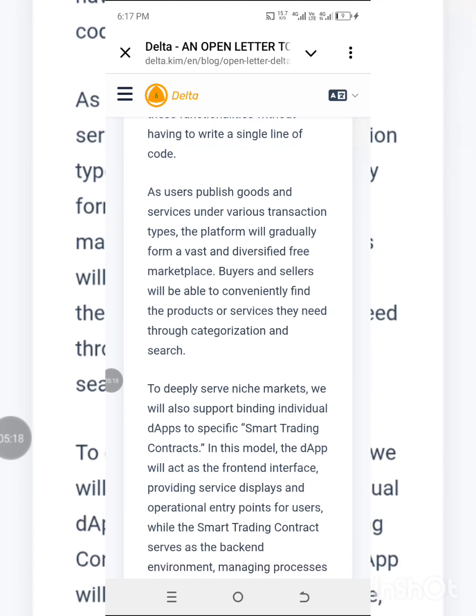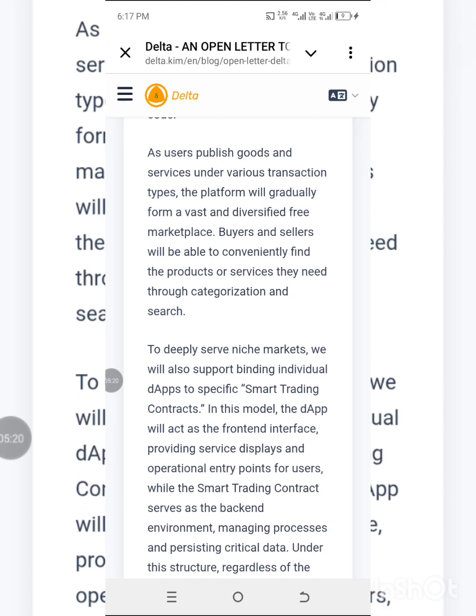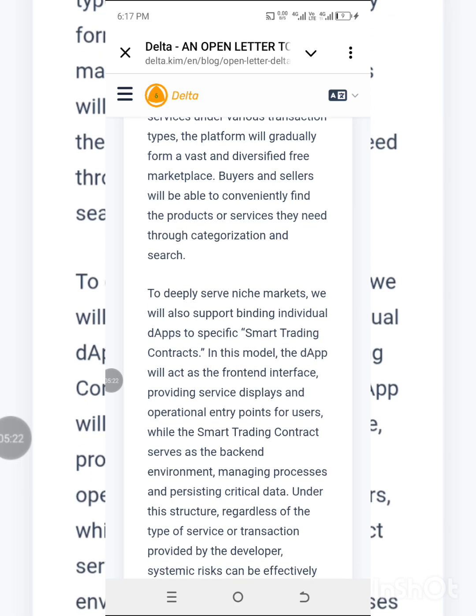To deeply serve niche markets, we will also support binding individual dApps to specific smart trading contracts. In this model, the dApp will act as the front-end interface, providing service displays and operational entry points for users, while the smart trading contract serves as the back-end environment, managing process and persisting critical data.